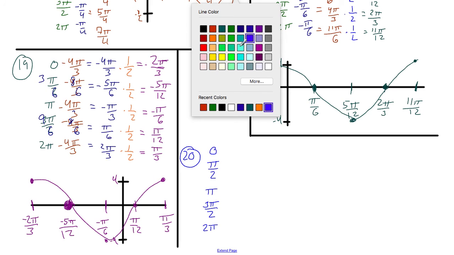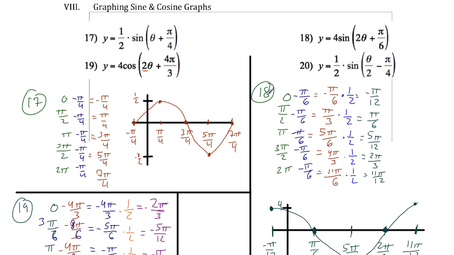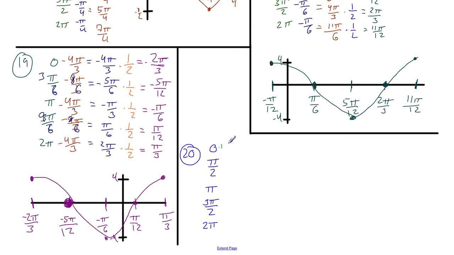And so we're going to do the opposite of what's presented to us. Instead of subtracting pi over 4, we are going to add pi over 4 to all of these values.